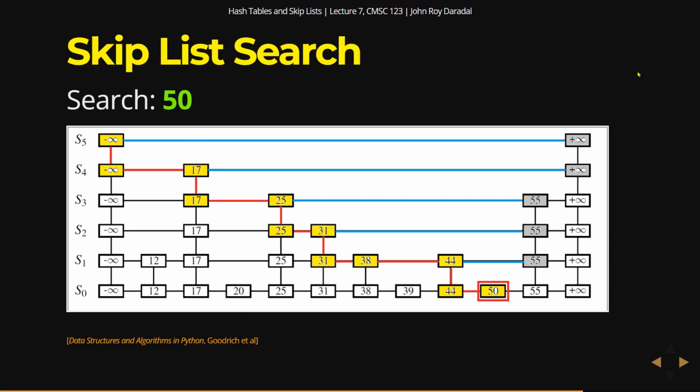So let's see the methods. How does search, how does insert, how does delete work in a skip list? For search, let's try searching 50, for example. If you want to search 50, we start at the top left, at the negative infinity at the topmost list. Then we check forward: if I move forward, will I still be safe?